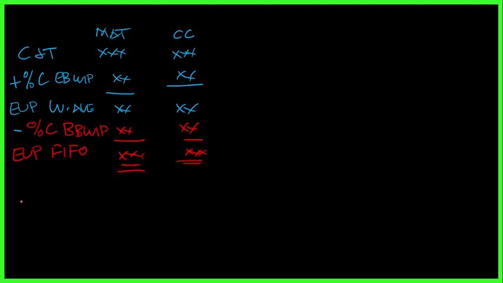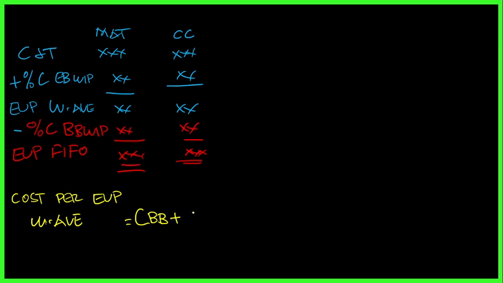Okay, to compute for your cost per EUP, what's EUP? Equivalent units of production. Okay, using let's say weighted average. Okay, so using weighted average, dito tayo. Using weighted average, the cost per EUP will be computed by adding the beginning balance of your work in process, beginning cost, no?